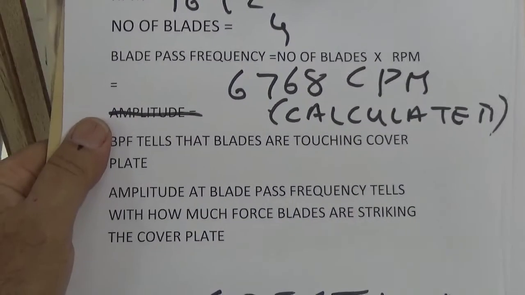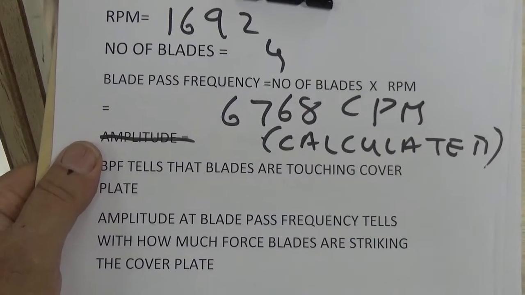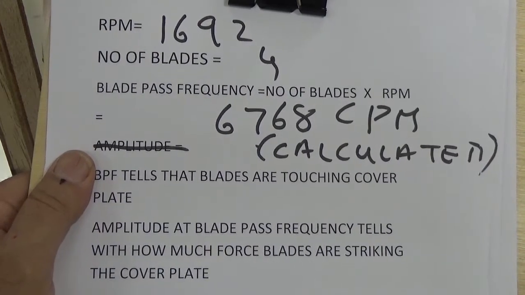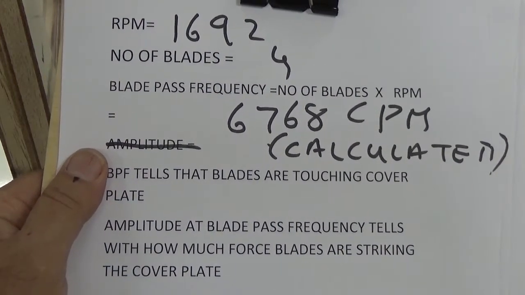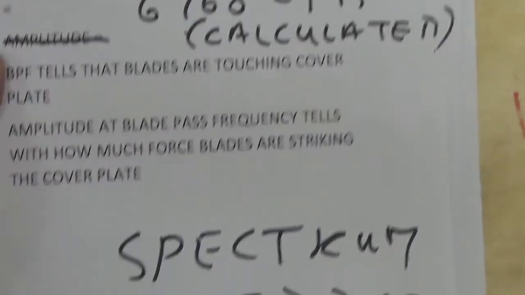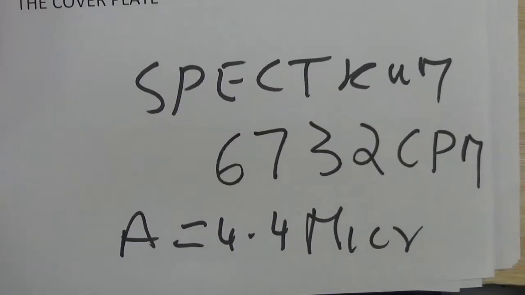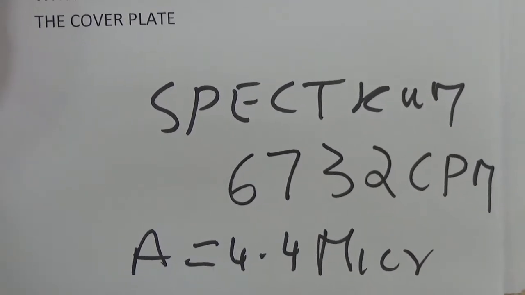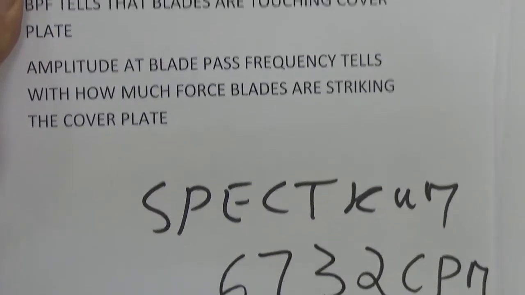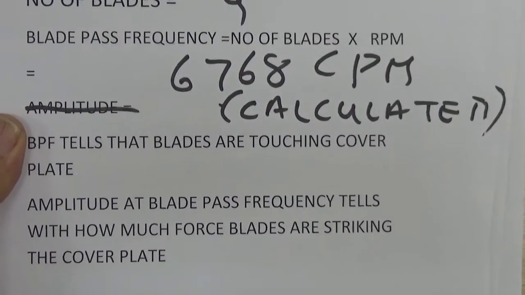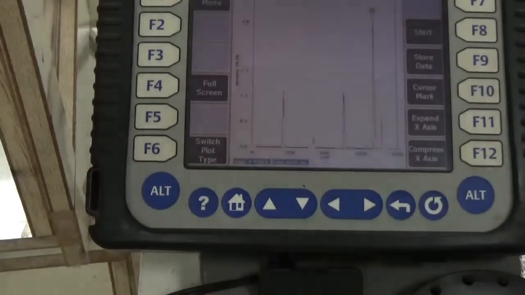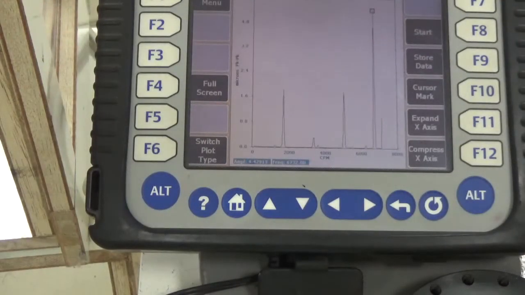What was the frequency which we calculated? That was 6768 cycles per minute. This was our blade pass frequency which we have calculated. And now in the spectrum we see the frequency is 6732 and the amplitude is 4.4. 6732 is almost near to 6768. So it means that the blades are touching the cover plate.